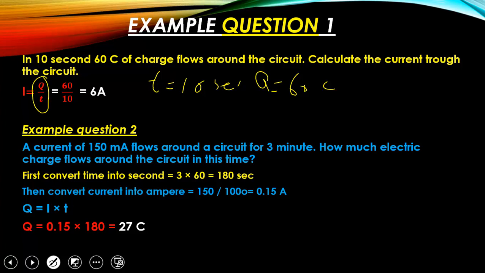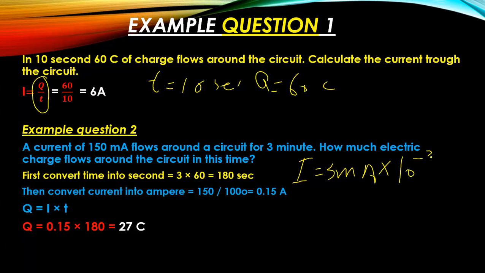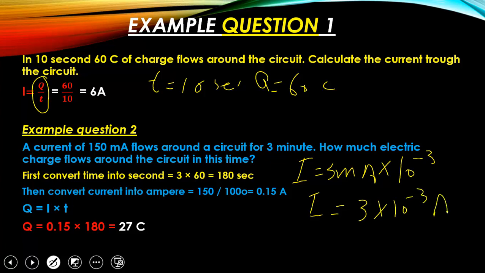The electric current intensity is given in milliamperes, so we must convert milliamperes into amperes. We do this by multiplying by 10 to the power negative 3.